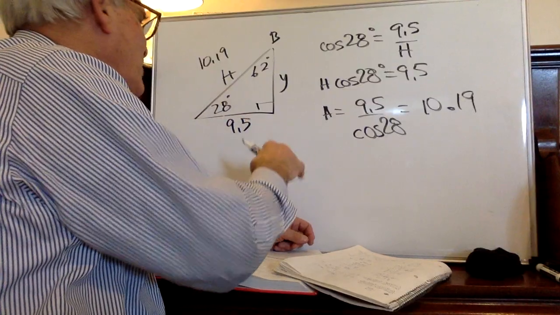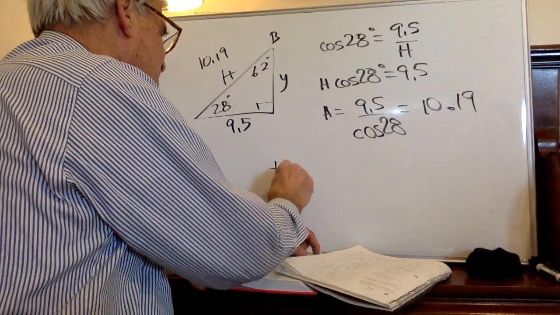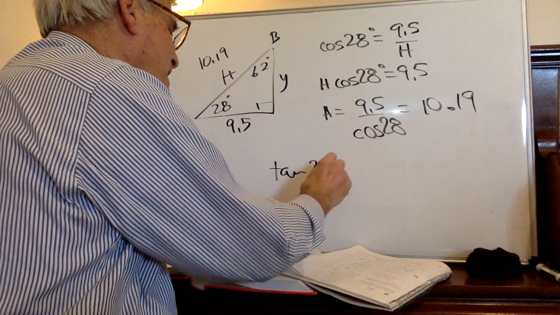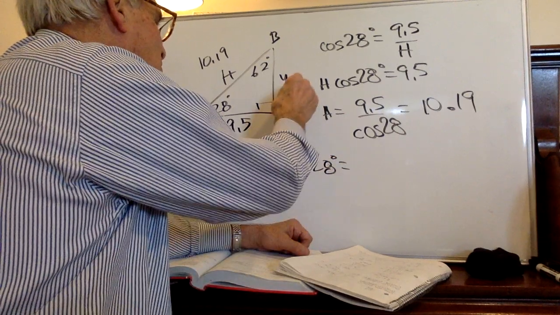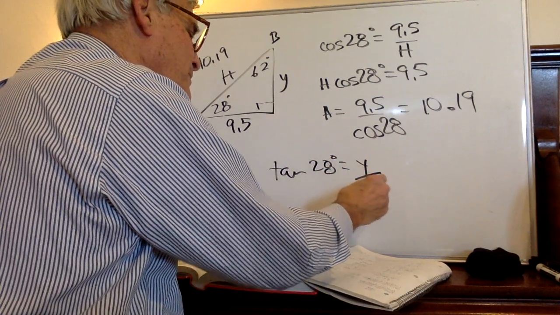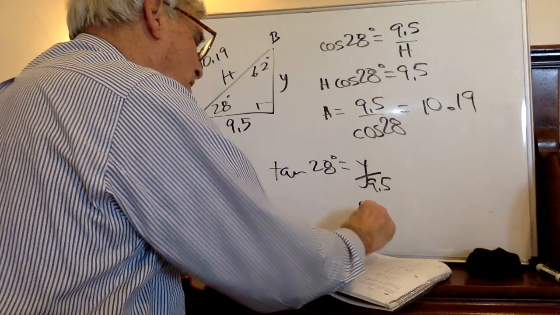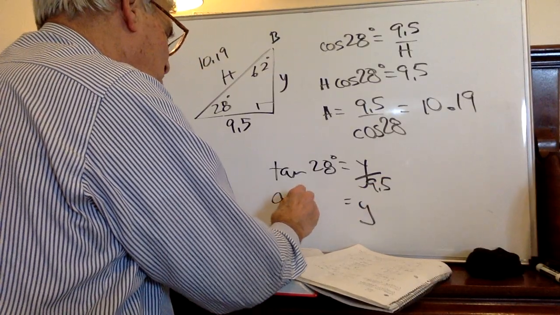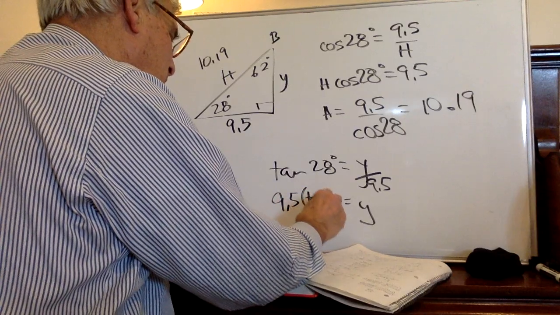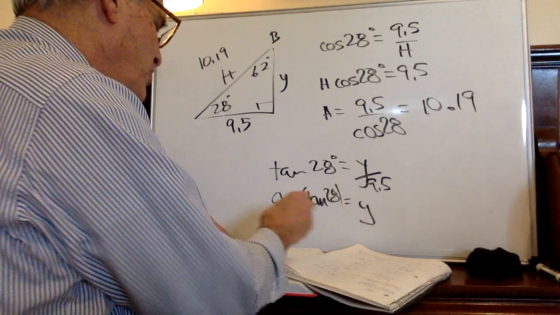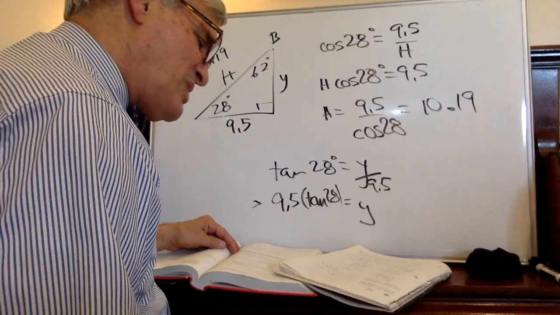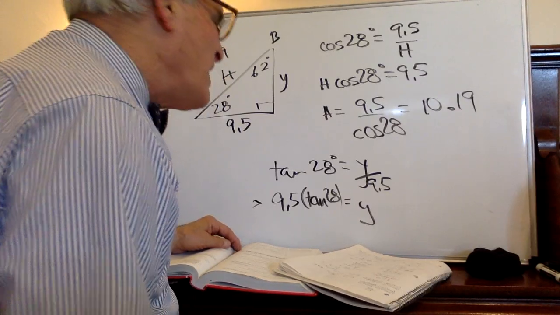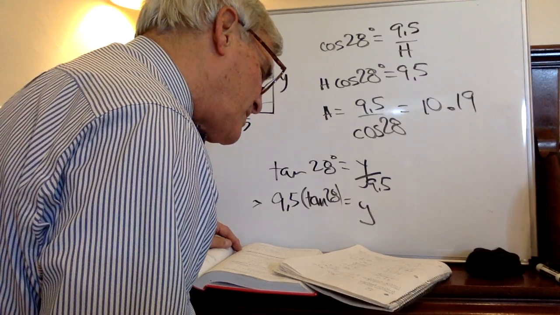Cross multiply and solve. And likewise, I can say this. The tangent of 28 is equal to y over 9.5. Therefore, y is equal to 9.5 times the tan of 28 degrees. You plug that in your calculator and then approximate to 2 decimal places. That's the one that pops out as 5.05.